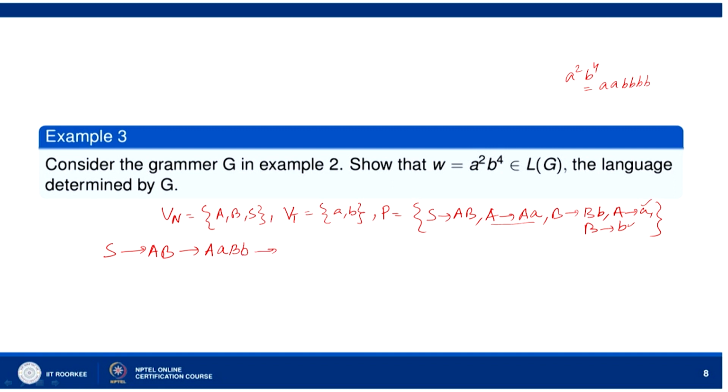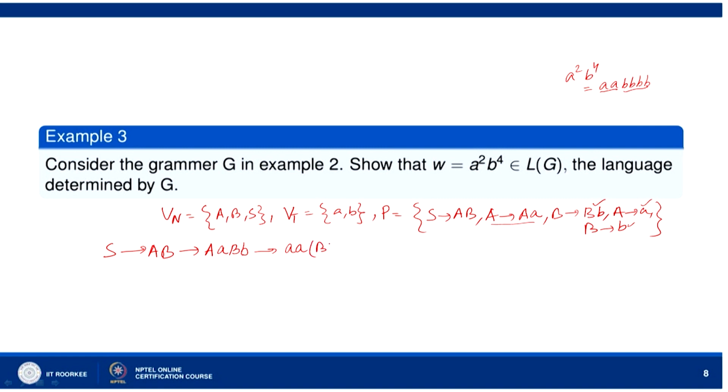Now, what we can do, because we just want two a's here, so we can use this production rule A goes to a, then aA will go to aa and bB. B can now be replaced with again bB because we want 4 b's. So, B can be replaced with bB.